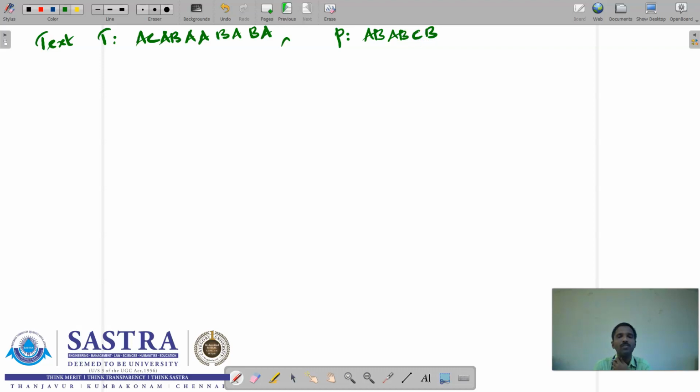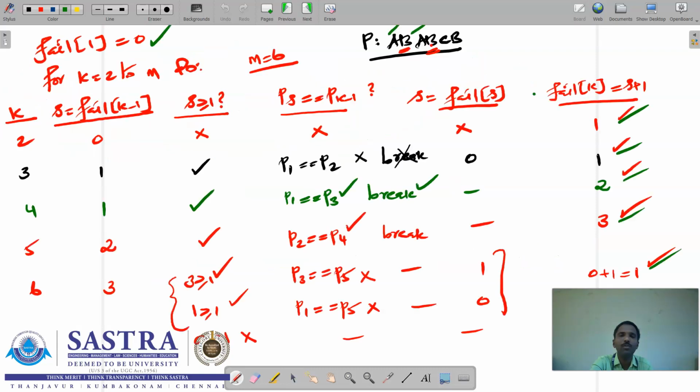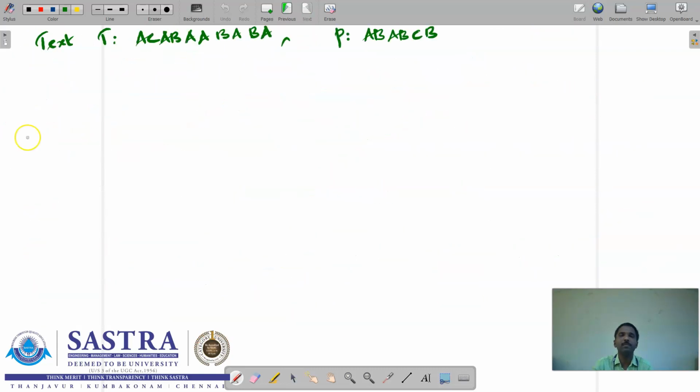Now the problem is we need to check if the pattern P is completely available in the text T or not. For that we are going to use this KMP flowchart construction algorithm.